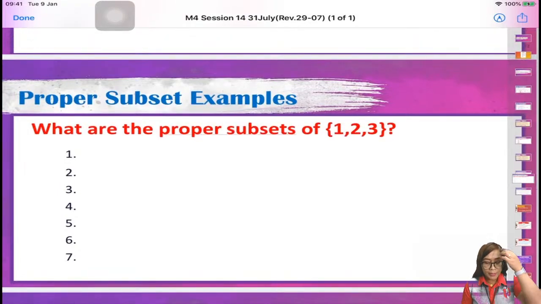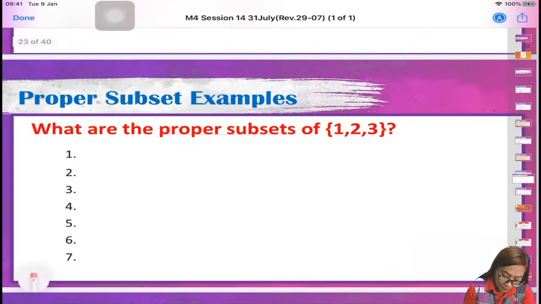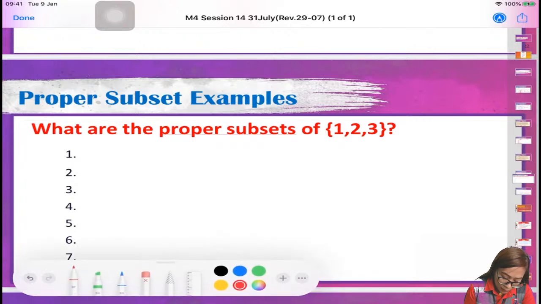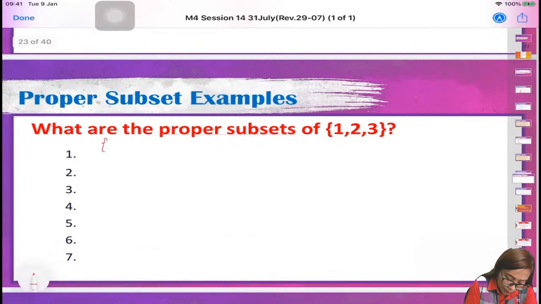What are the proper subsets of the set {1, 2, 3}? We begin with the empty set, then the sets with one element: {1}, {2}, {3}, and put them inside open and close braces.